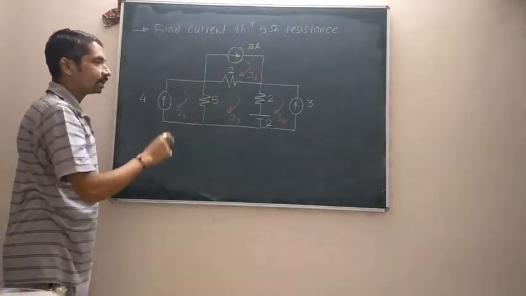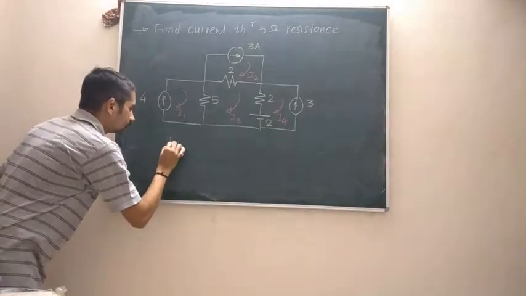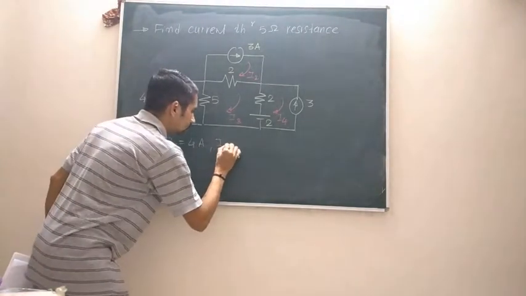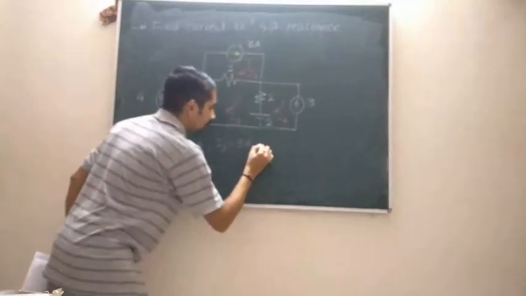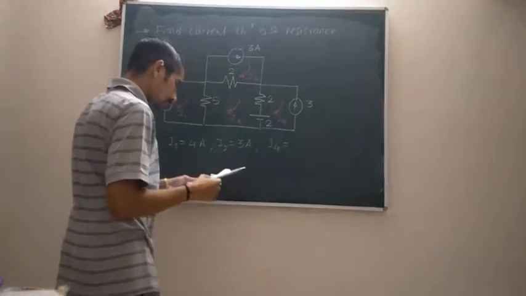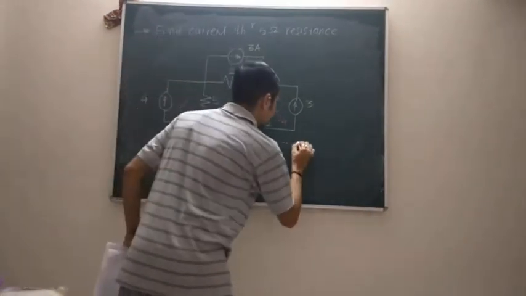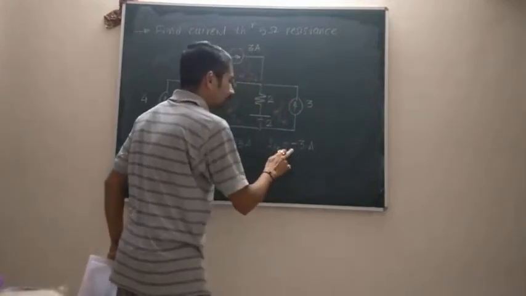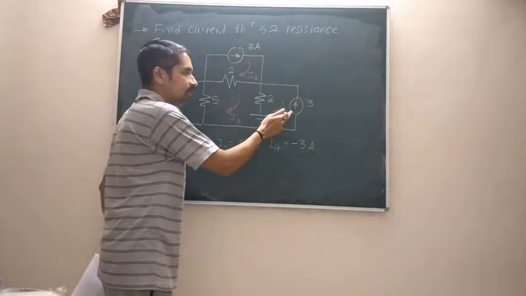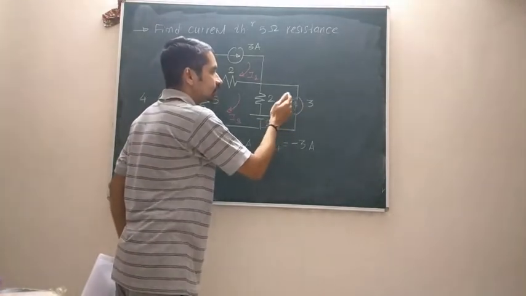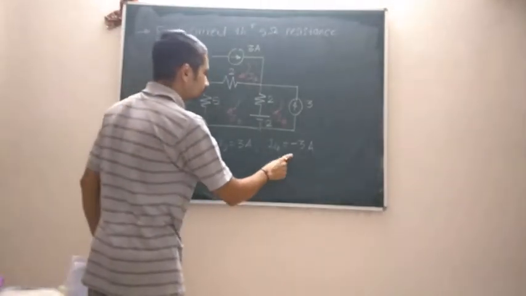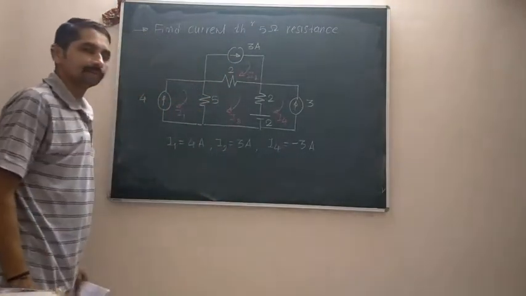Looking at the circuit, I can immediately write down I1 is equal to 4 ampere, I2 is equal to 3 ampere and I4 equal to minus 3 ampere. I need to put a minus sign here because the assumed current direction is clockwise, whereas this current source circulates the current in an anti-clockwise direction, and therefore I have substituted the sign as minus 3.